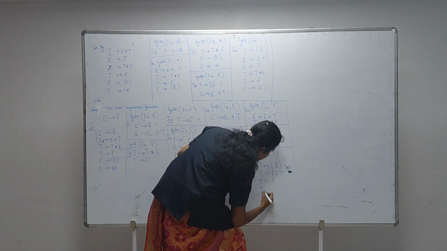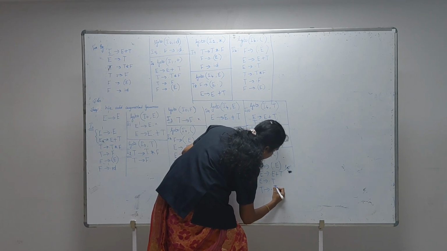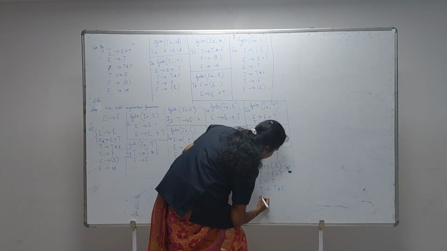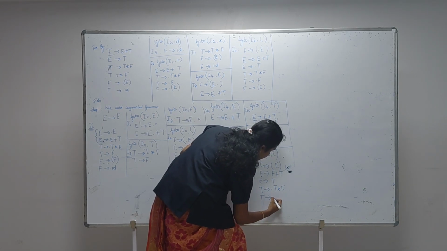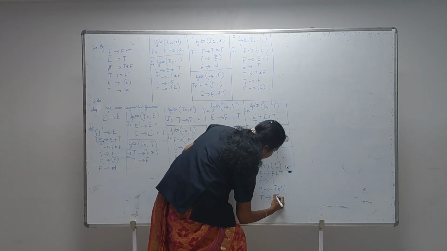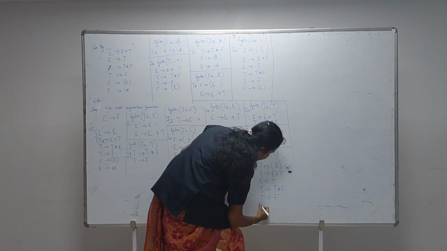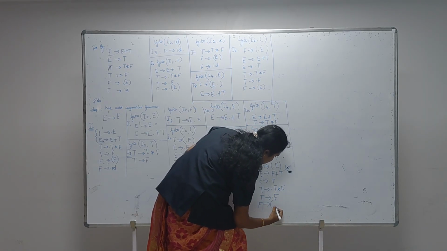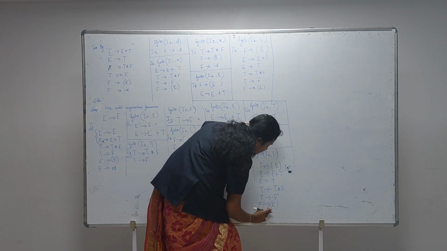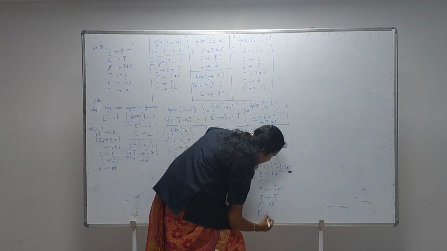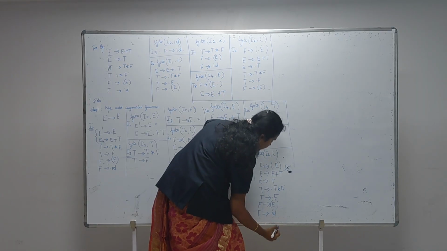So here T tends to dot T star F and T tends to dot F, and F tends to dot open parenthesis E close parenthesis, and last F tends to dot ID.